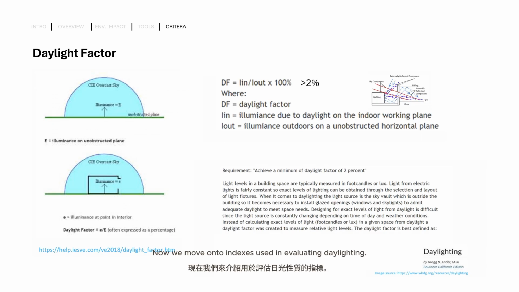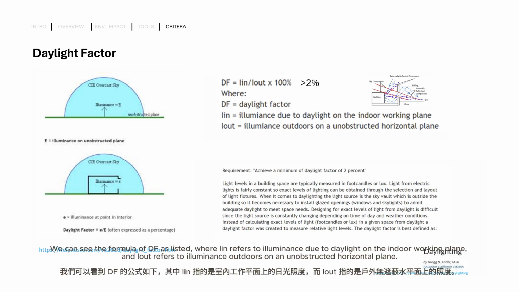Now we move on to indexes used in evaluating daylight. We can see the formula of daylight factor is listed, where I in refers to illuminance due to daylight on the indoor working plane, and I out refers to illuminance outdoors on an unobstructed horizontal plane.